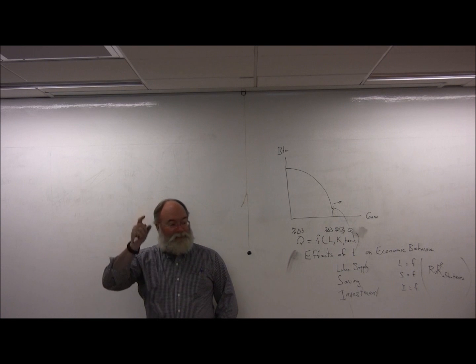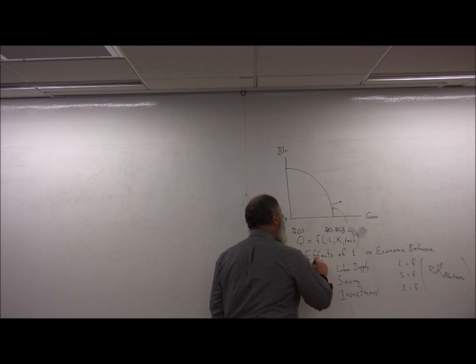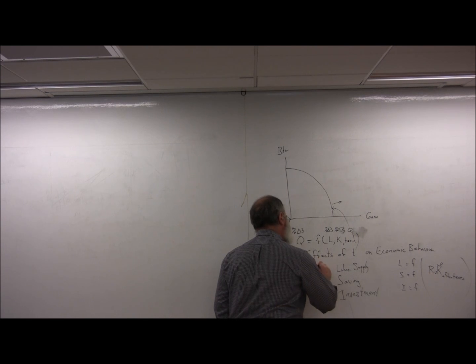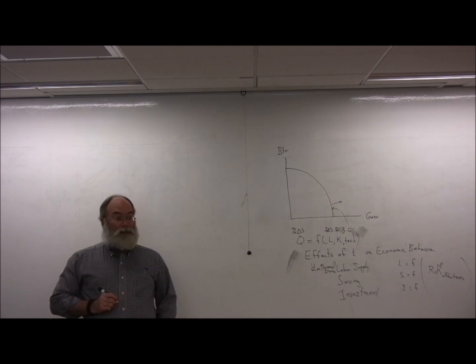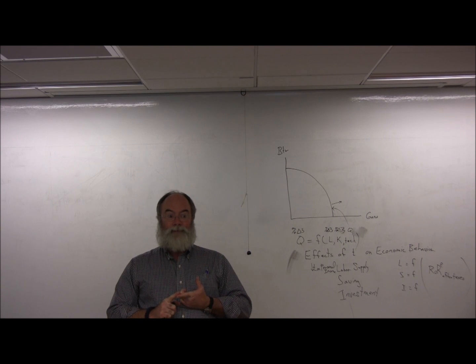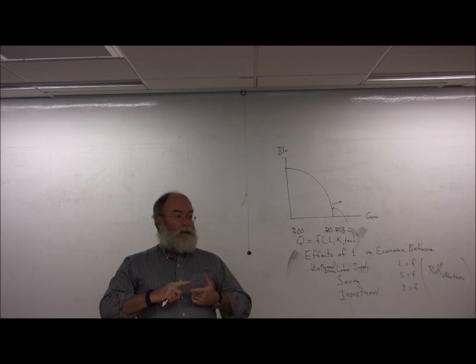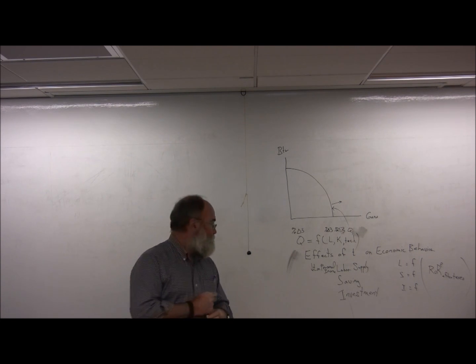So what the supply-siders said was, we believe if we cut tax rates on personal income, we will get more labor effort. People will work longer hours because the return to working is higher. More people will come into the labor force because they want to take advantage of these higher returns to labor.